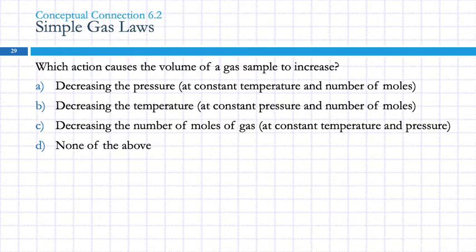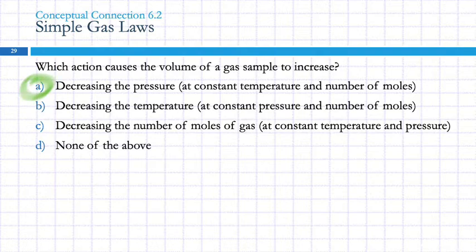Combining those three, which action causes the volume of a gas sample to increase? Decreasing the pressure, decreasing the temperature, decreasing the number of moles of gas, or none of the above. A, decreasing the pressure.